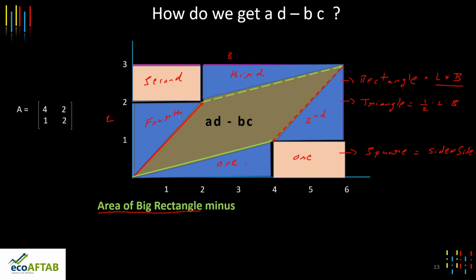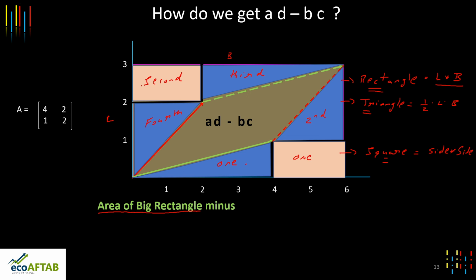So you can see, by taking the area of the rectangle and finding out the area of all the four triangles and the area of the squares and subtracting it from the area of the rectangle, we will be getting what is left, and that is our parallelogram.